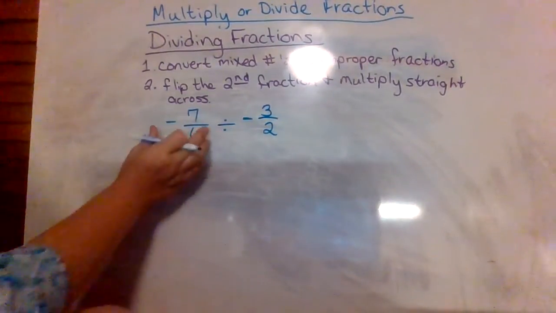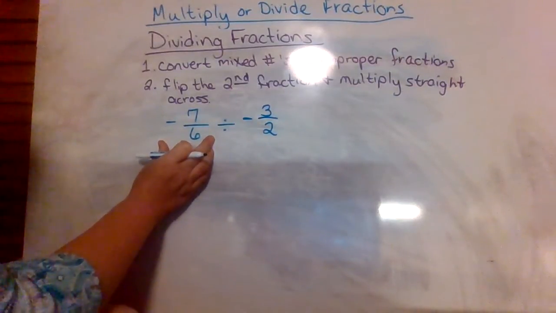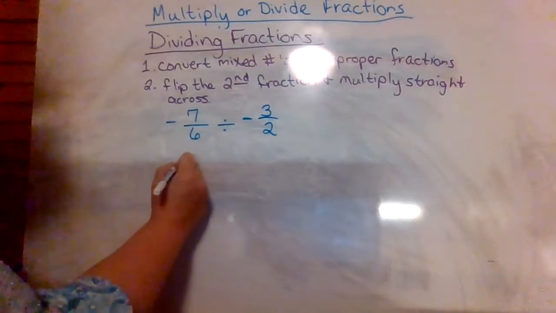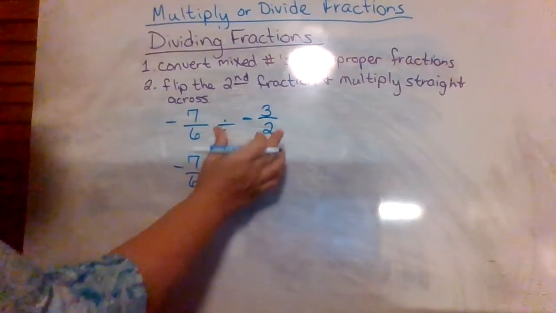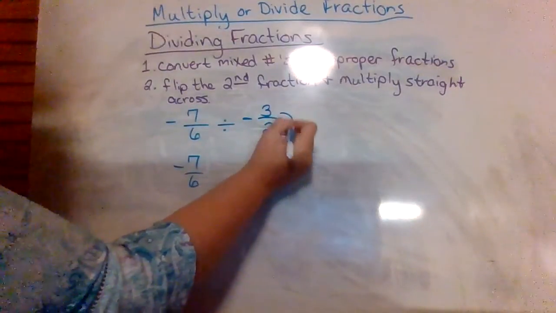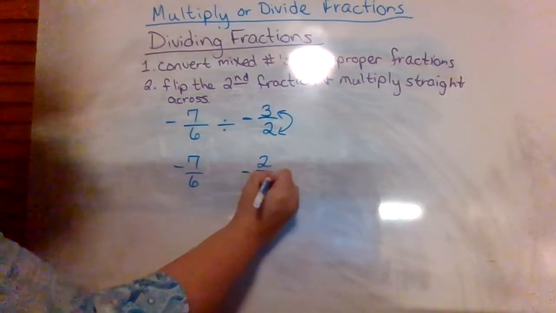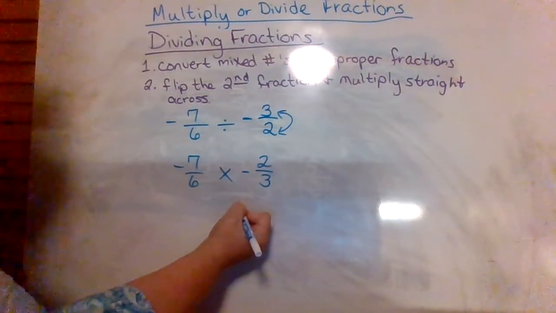Okay, now remember, this first one doesn't do anything. It's boring. It doesn't change. It's stagnant. Okay, so it's just negative 7/6. The second one, we have to flip-flop it. So it's now negative 2/3. And then we multiply.